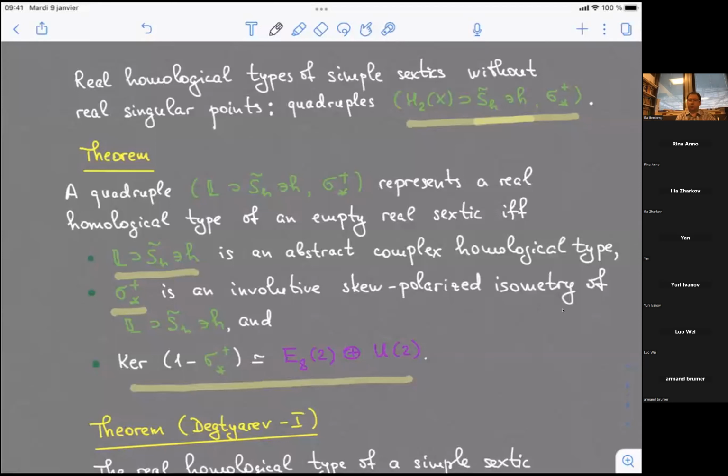If the sextic I started with was real, I have to choose somehow one of these real structures. And in the case of empty real sextics, I made this choice. I said that I take the real structure whose fixed point set is empty.